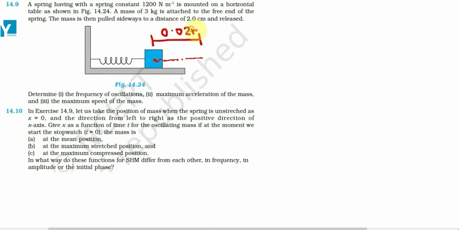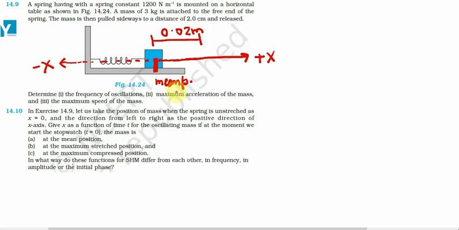0.02 meter. Now in the second question we are given, suppose we consider this axis as plus x axis and this direction as minus x axis, and this is the mean position.